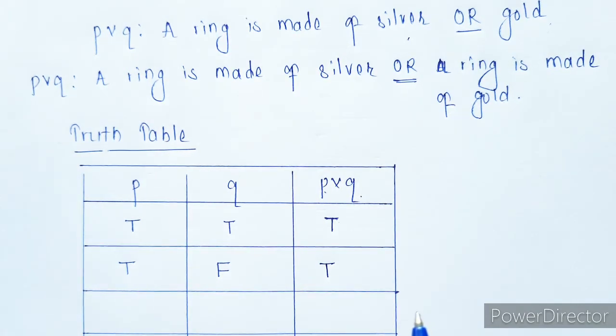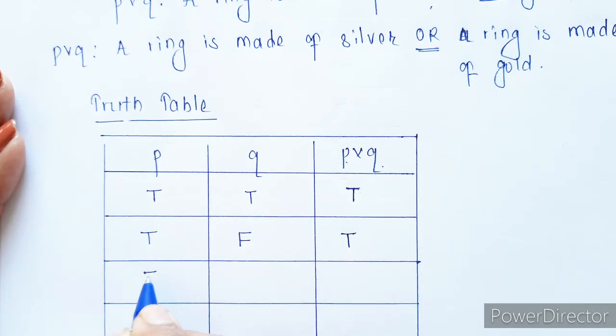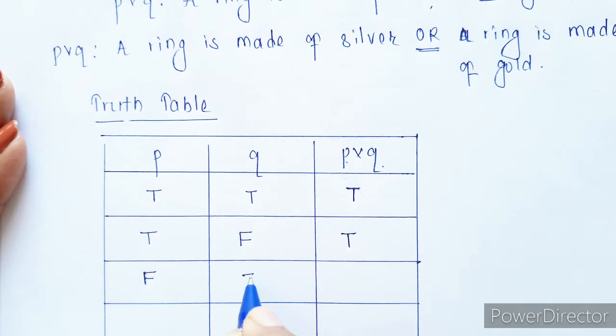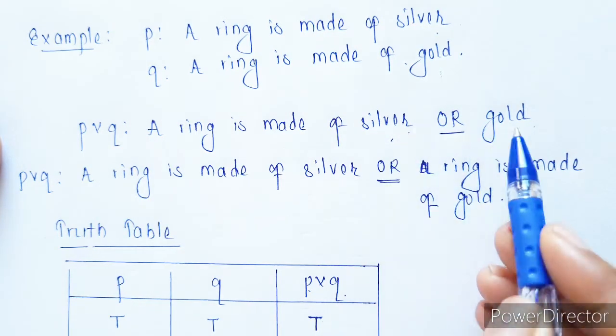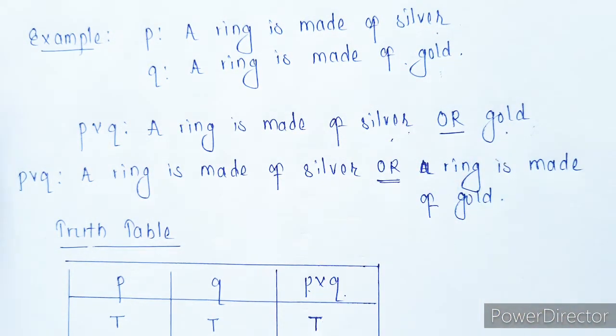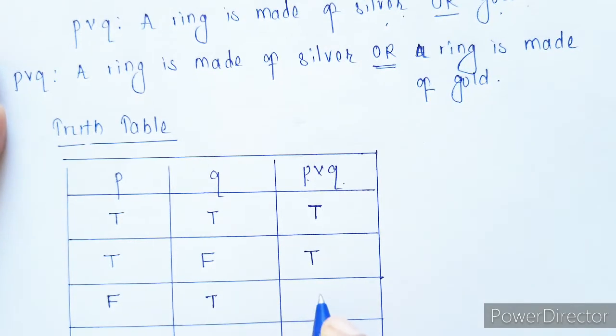Even though any one of them is true, the disjunction becomes true. Okay. Now in the third case, let's assume that P is false and Q is true. That we don't have a ring which is made of silver, but we have a ring which is made of gold. But what we are saying is a ring is made of silver or gold, either this or that. Since it is either case, this is also going to be true.